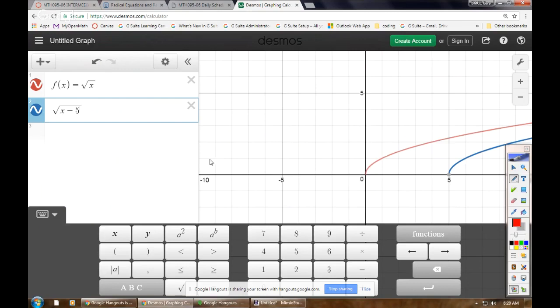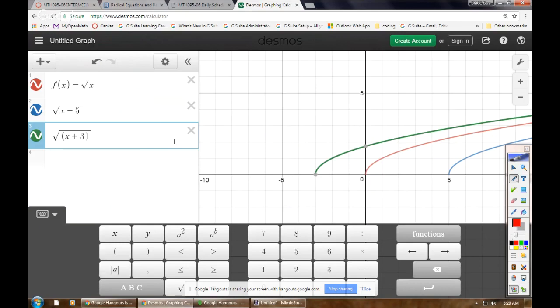I just shifted it to the right. Just kind of weird, because minus 5, I thought that might go to the left. But what if I graph the square root of x plus 3? Ooh, that goes to the left. Same shape, but goes to the left. So in section 1, you're going to learn a bit about manipulating this shape. Okay, so I'm going to leave that there. Those are called transformations of a function.